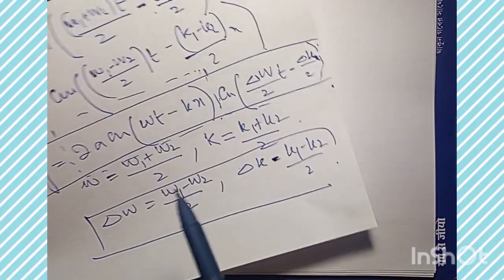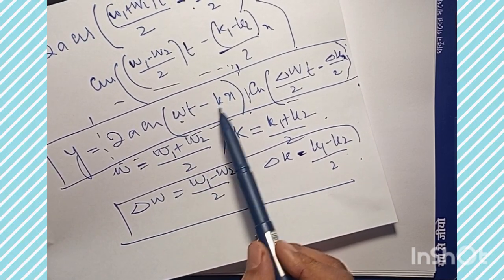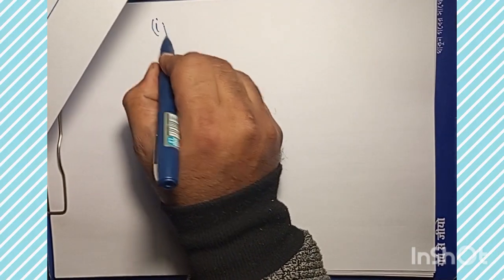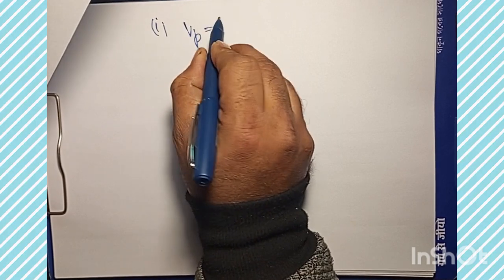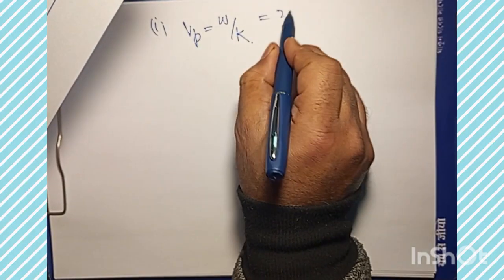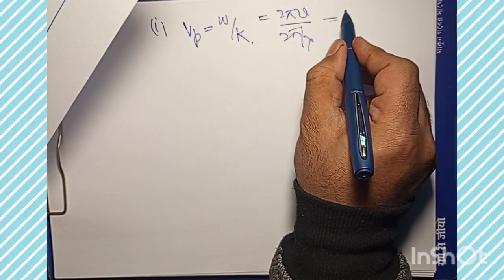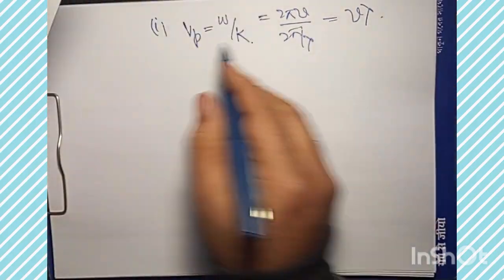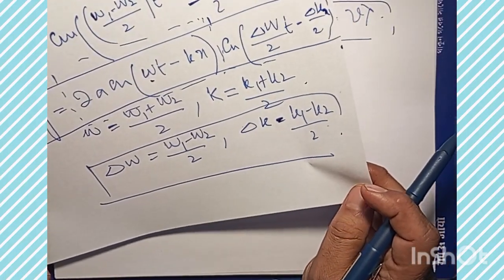If we go back to omega and k, for case 1 the phase velocity will be simply omega by k, and omega is 2 pi nu, and k is 2 pi by lambda. So this will be nu lambda, right? So this is the ordinary phase velocity that's linked with the result of these two waves.